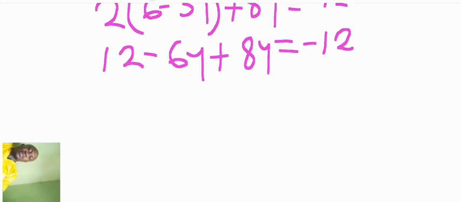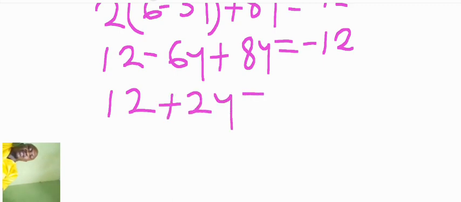So let's proceed. Now negative 6y plus 8y, what do we have? We have positive 2y, and this will be equal to negative 12.